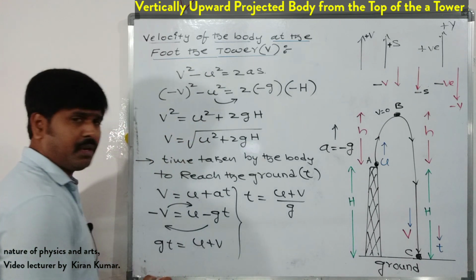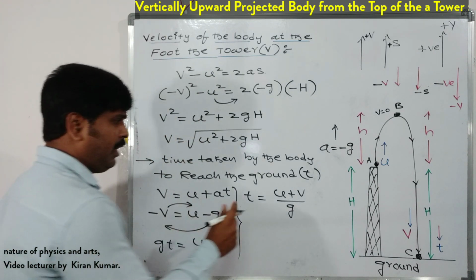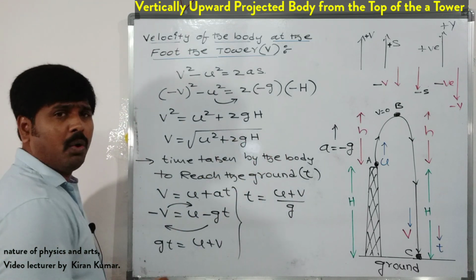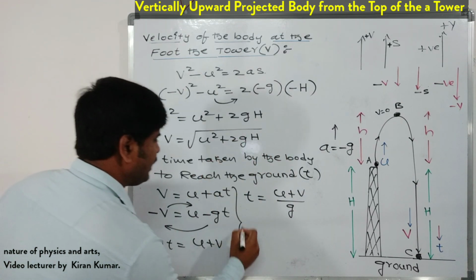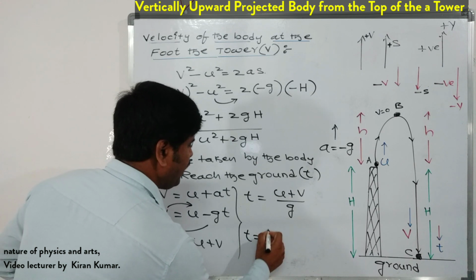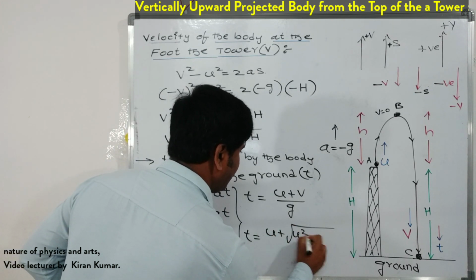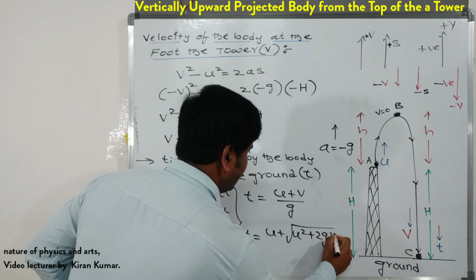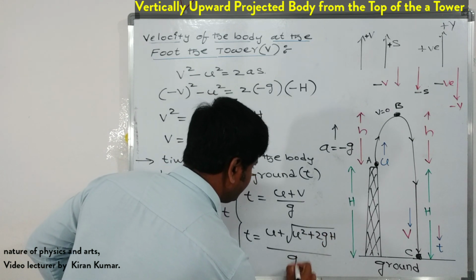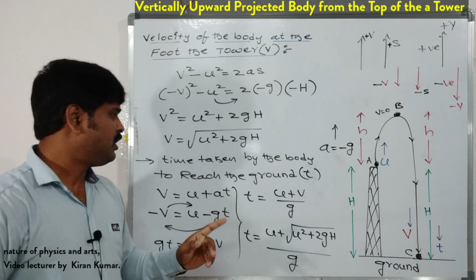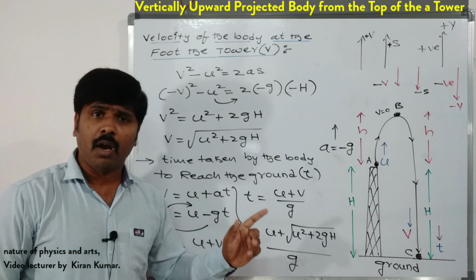We got a relation for time, but in this equation we can replace the velocity from the above equation, that is time t is equal to u plus root over u square plus 2gh divided by g, which is the answer for the time taken by the body to reach the ground.